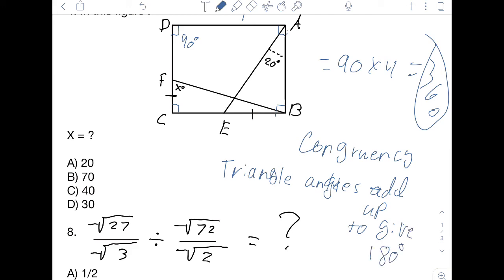That is just something we know as well. So we should know that, moving on from here, 20 degrees plus 90 degrees plus 90 equals 110. Take that from 180, you will be left with 70. And so we know that this angle is 70.